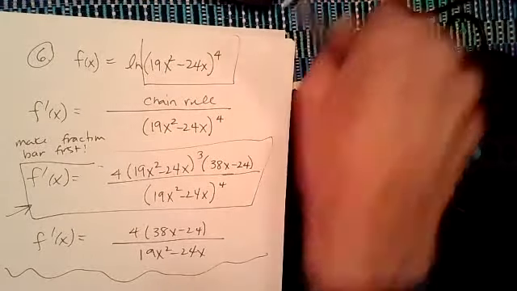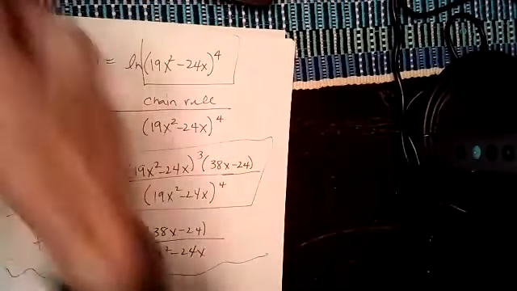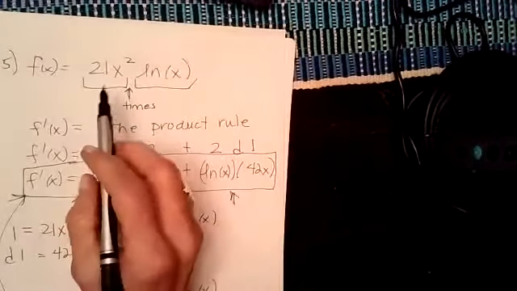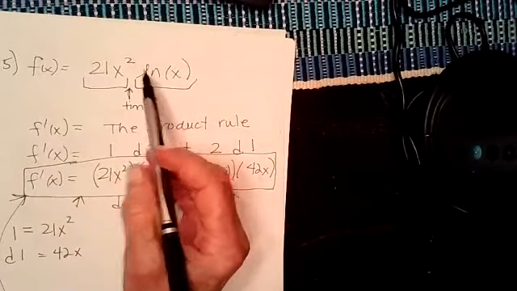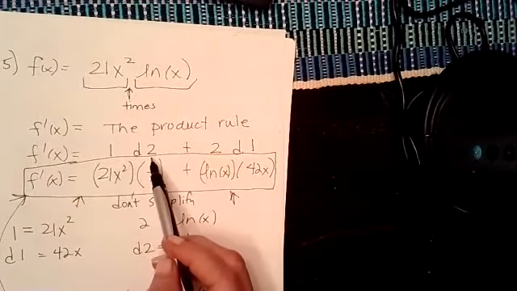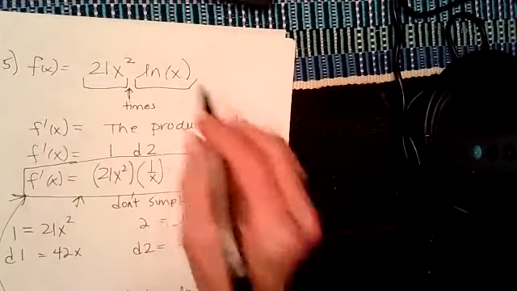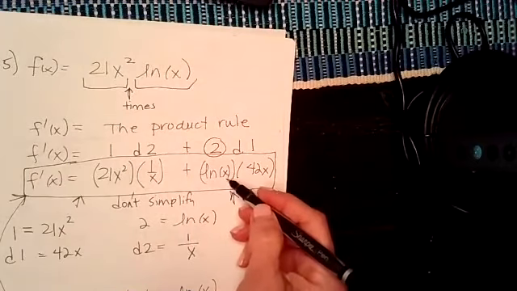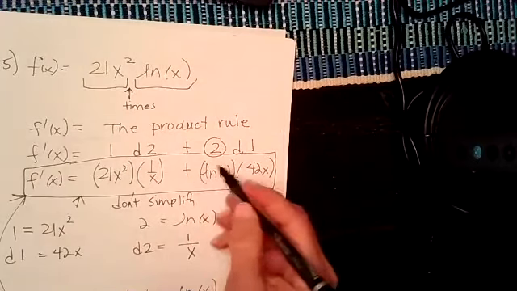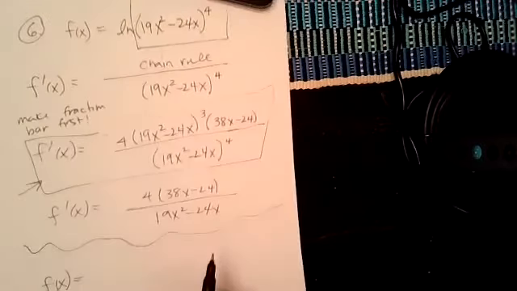Which one was it? Right here. Okay, because we had 21x squared times the ln of x. So it was the first function times the derivative of the second plus the second function, just like it is. So that's not the derivative. That's why we had an ln there, okay? It's not the derivative of the ln. It was just the second function. So anyway, just so you know.